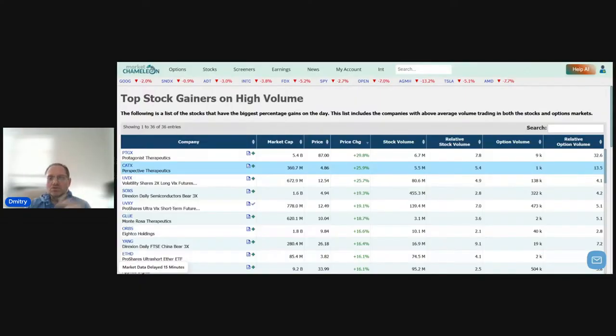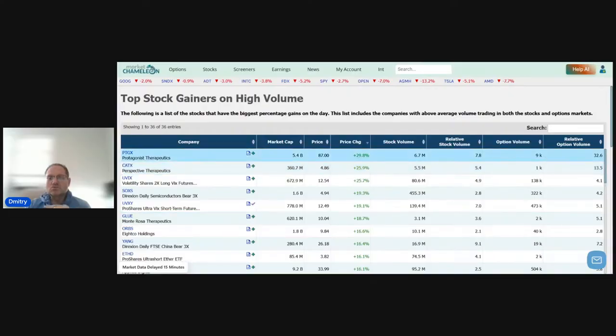So here we see that the options volume for PTGX was 9,000 contracts on the day. Well, 9,000 contracts may not be a lot for something like a Tesla or SPY. They trade millions.